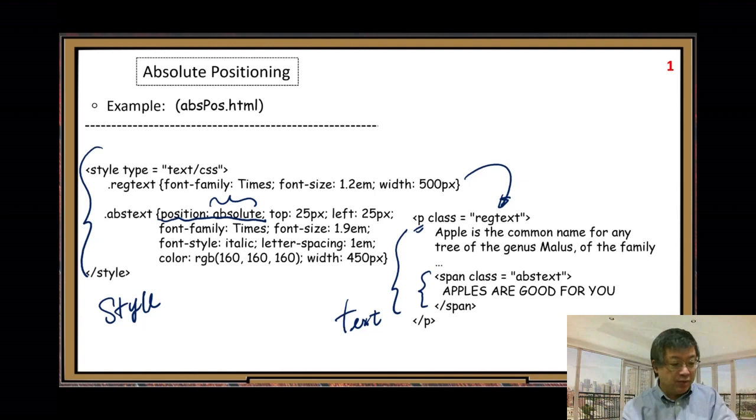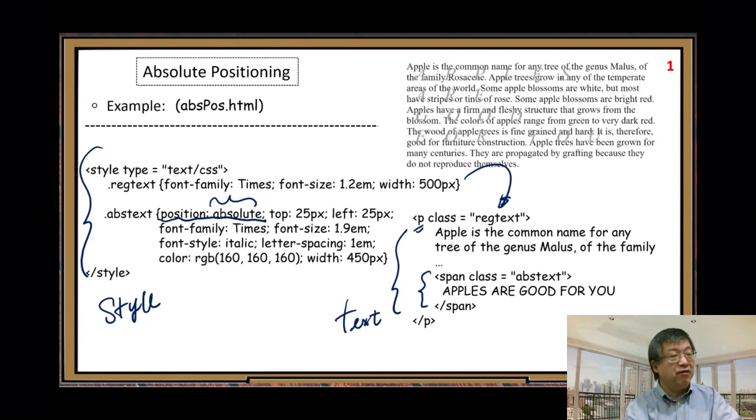How do we understand absolute positioning? Let me show you the result first. This is the result. You can see there are two styles of text. One is like the background, smaller fonts.